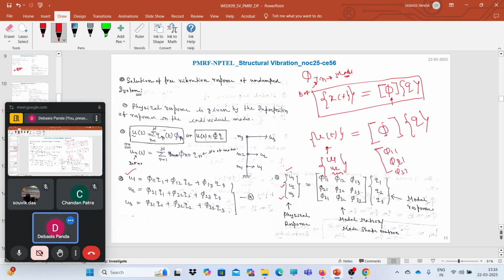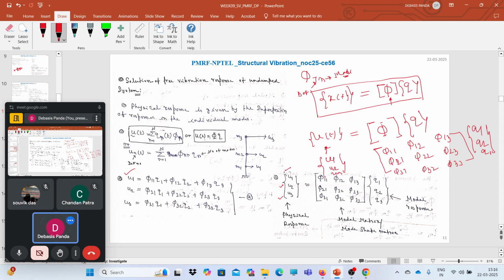For the second mode, phi 1 2, phi 2 2, phi 3 2. Again phi 1 3, phi 2 3 and phi 3 3. And q is q1, q2 and q3, the modal responses corresponding to the three modes.